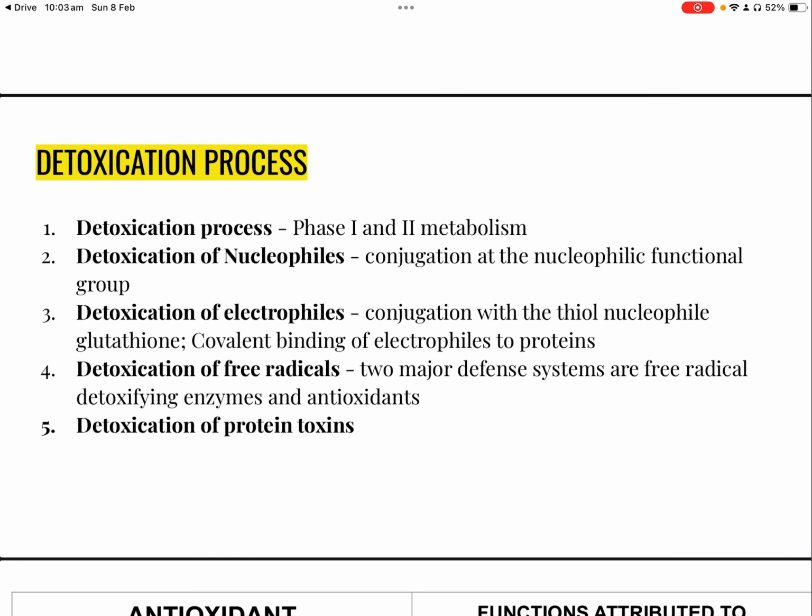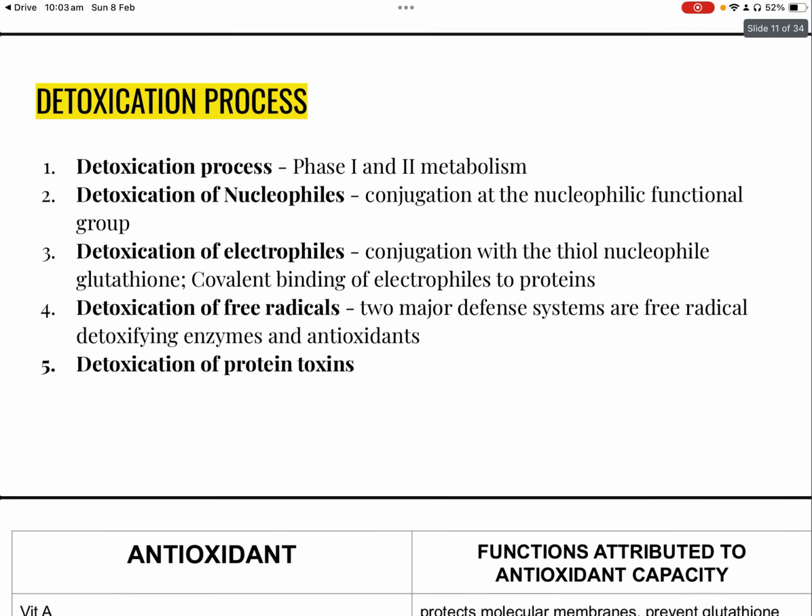Okay, we have here the detoxification process. The first one is phase one and phase two metabolism. Next is detoxification of nucleophiles, conjugation at the nucleophilic functional group, detoxification of electrophiles, detoxification of free radicals, and detoxification of protein toxins.